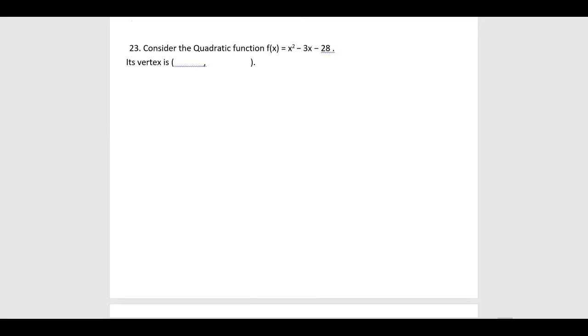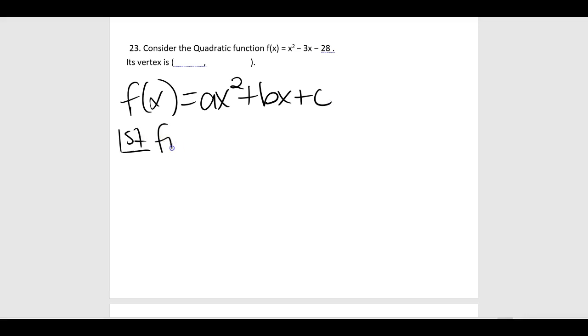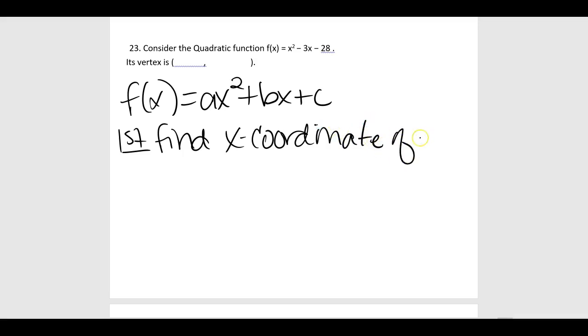Okay, now can we find the vertex when we are given it in standard form? So standard form is f of x equals ax squared plus bx plus c. And the way that we find the vertex of a quadratic function, we find the x coordinate of the vertex.